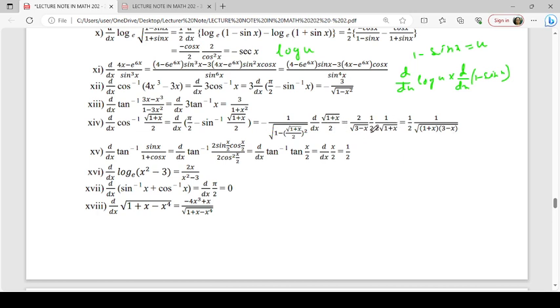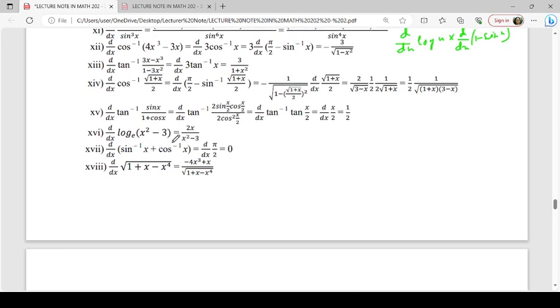So this, then sin x by cos x, applying the trigonometric formula we can reduce it to tan x by 2. So it is tan inverse of tan, it cancels, so d/dx of x by 2. So it is half.